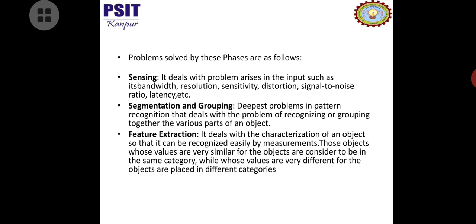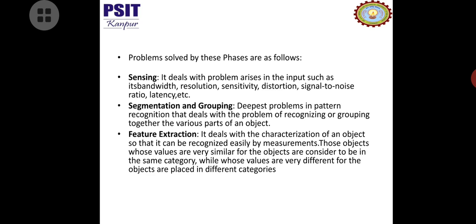Now third is feature extraction. It deals with the characterization of an object, so that it can be recognized easily by measurements. Those objects whose values are very similar are considered to be in the same category, while objects whose values are very different are placed in different categories. So phase number 3 is for feature extraction, that means you are categorizing your objects on the basis of their properties.